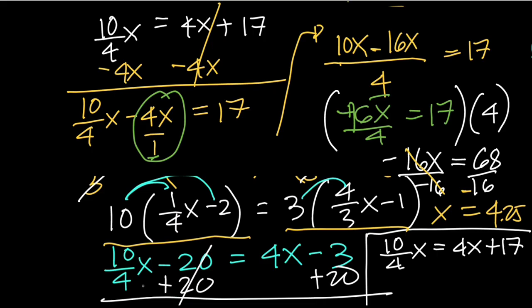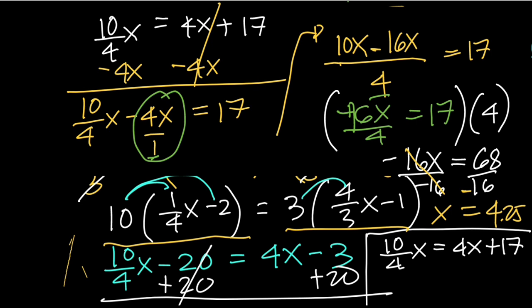Then we have 10x over 4 equals 4x plus 17. Then 10x minus 4x equals 17. Yeah, I wonder why we don't have the same answer from your choices. 10 divided by 4 minus 4, so negative 1.5, 17 divided by 1.5.